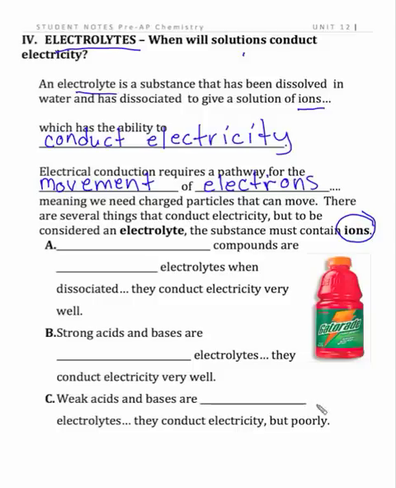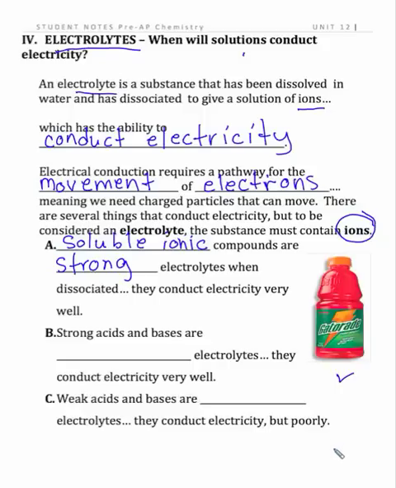And what we need is mobile ions. Gatorade is an example of an electrolyte. So soluble ionic compounds are considered strong electrolytes. If they're soluble, they form lots of ions and would conduct very strongly.